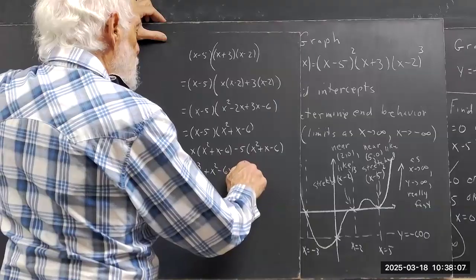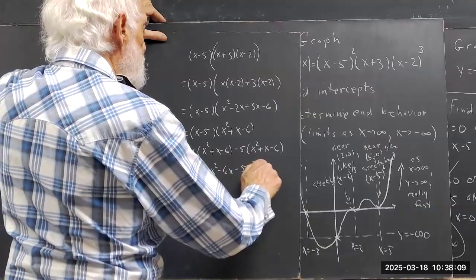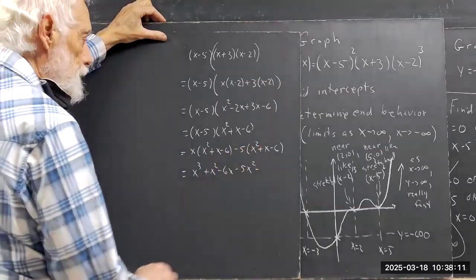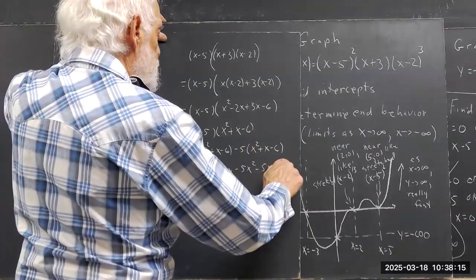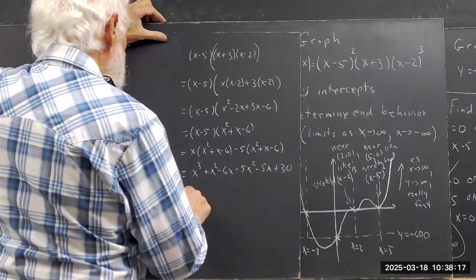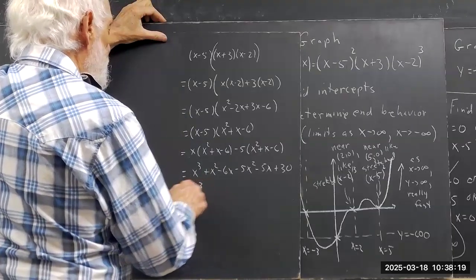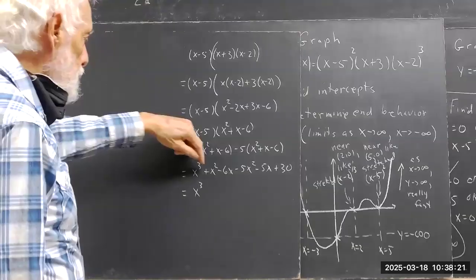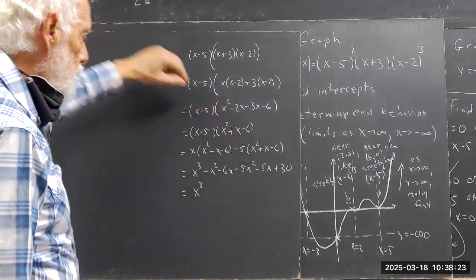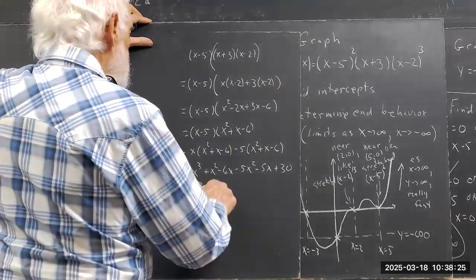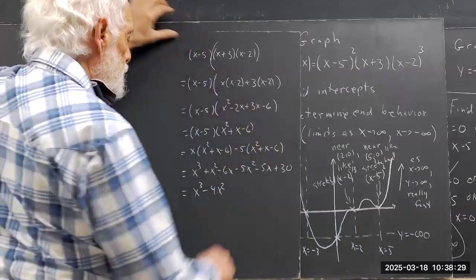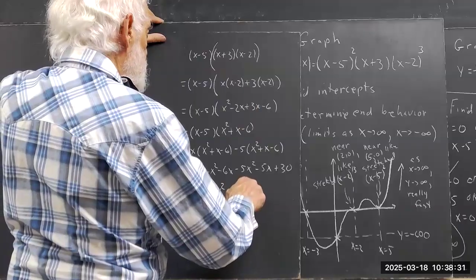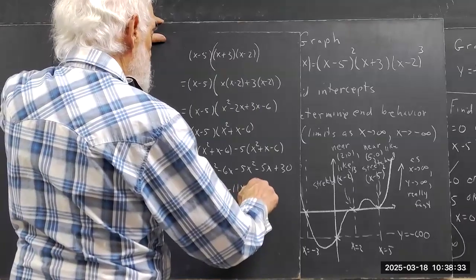Negative 5 times x squared is negative 5x squared. Negative 5 times x is negative 5x. And negative 5 times negative 6 is plus 30. Put all that together, we've got x cubed. We've got an x squared and a minus 5x squared, which gives us minus 4x squared. We've got a negative 6x and a negative 5x, which is negative 11x. And we got plus 30.